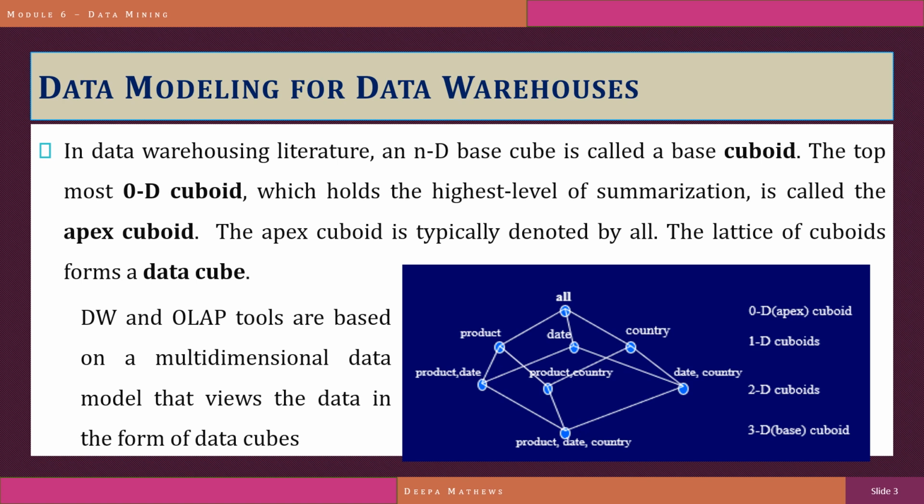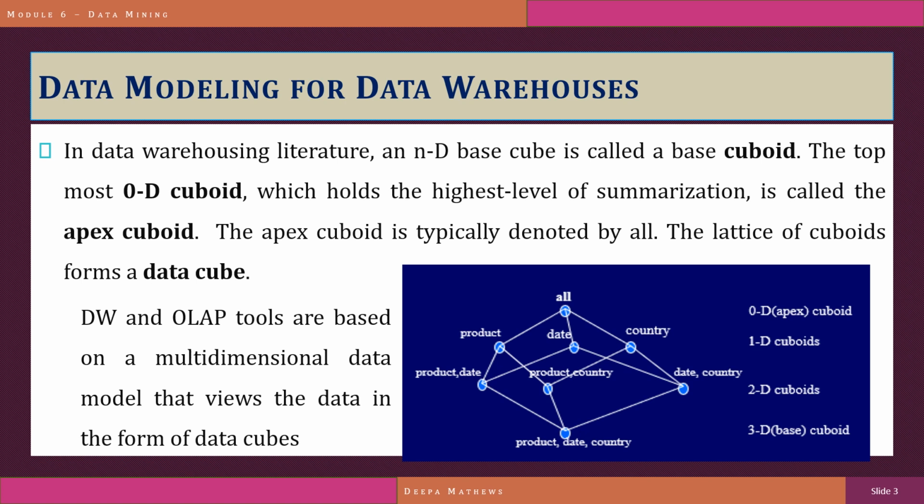In the given figure, to the zero-dimensional cuboid, we are adding attributes. We have three attributes here: product, date, and country. These three attributes represent the one-dimensional cuboids. If we add another attribute to each of these single attributes, we get two-dimensional cuboids.